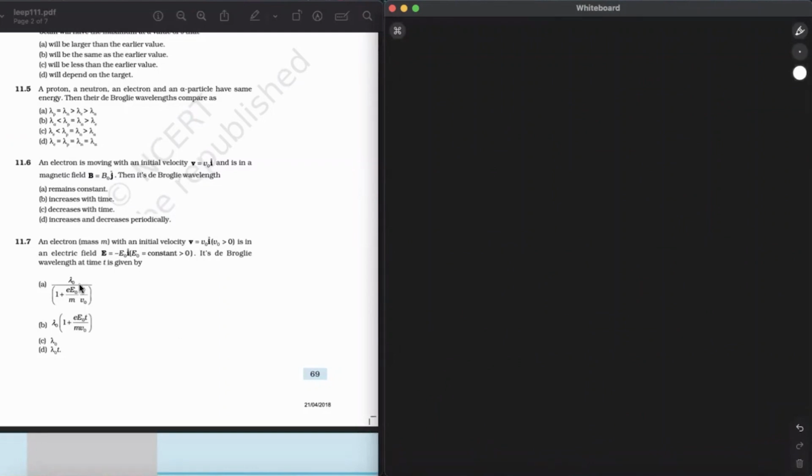Now, question number 7. An electron of mass m with an initial velocity v naught i cap is in an electric field. Its de Broglie wavelength at time t is asked. Let me write lambda initial at time t equal to 0, this is the initial.